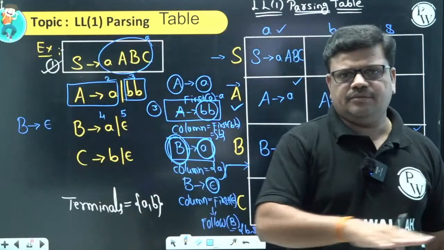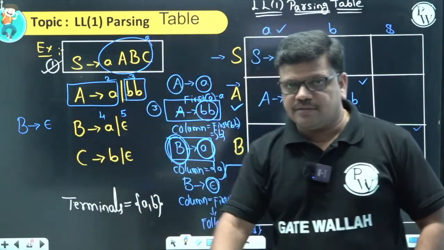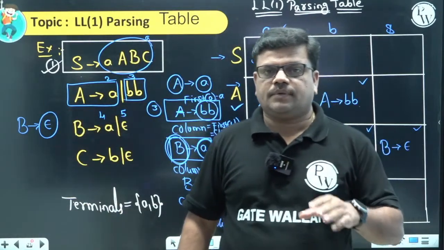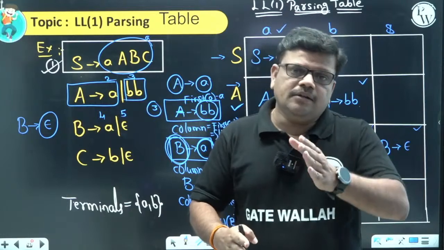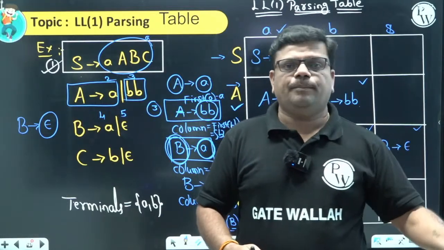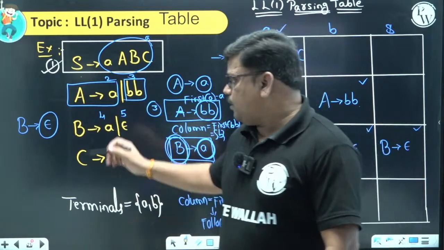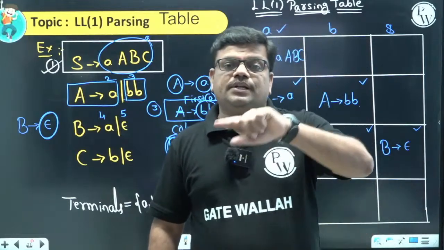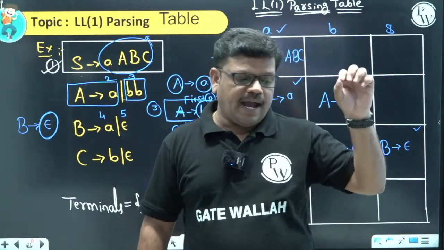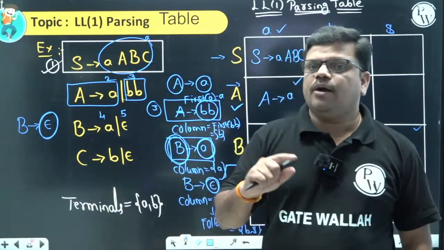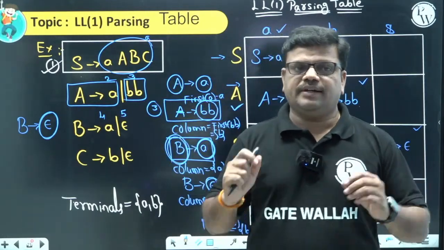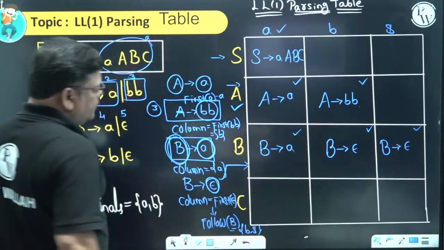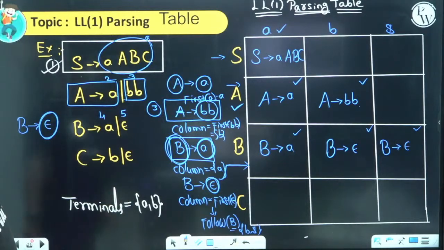Row is very easy, the non-terminal. Whenever I am identifying its column, if epsilon is there, then to decide about columns we need to compute the follow of the left hand side non-terminal, follow of B. That's why, whenever first calculation gives epsilon, we have to go for the follow of the non-terminal to decide about columns, right? So B gives epsilon is coming in two places because of its follow.